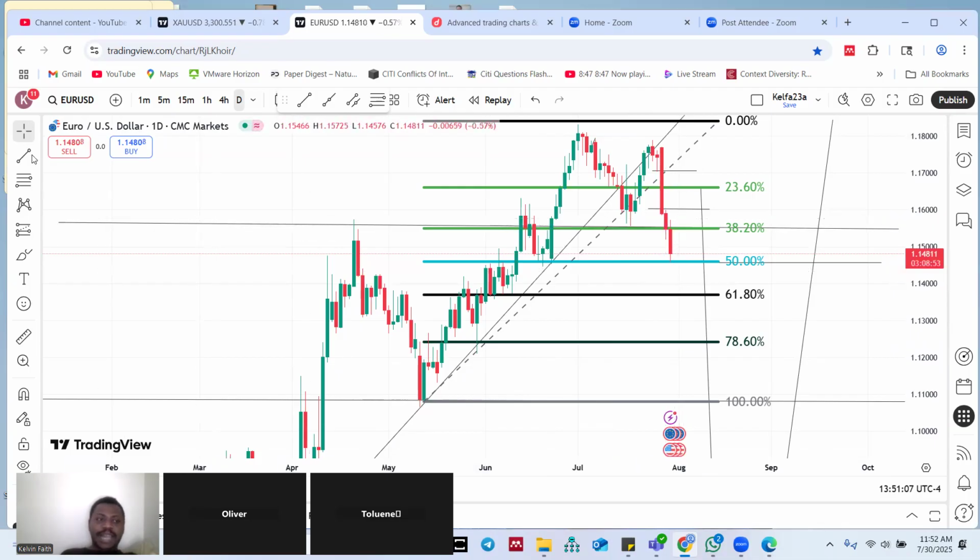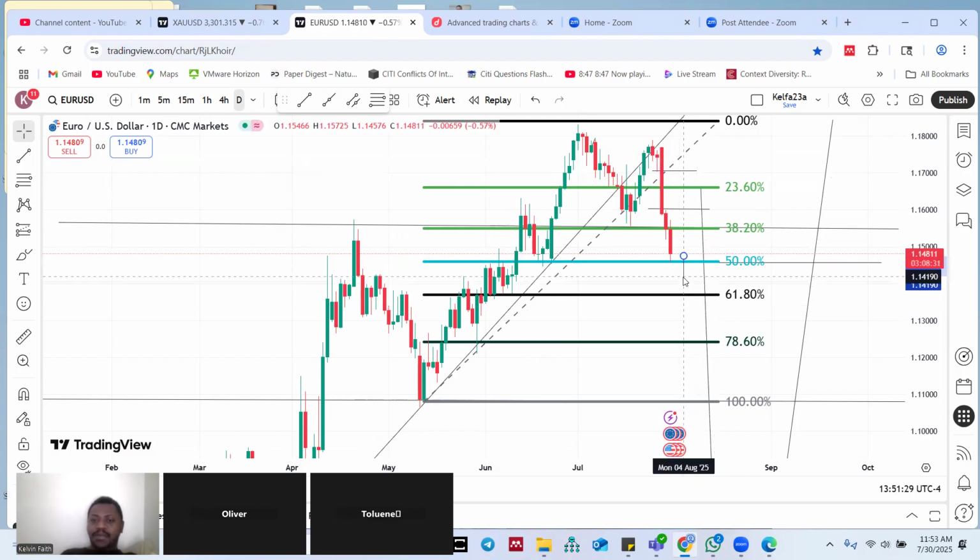Okay, so sometimes price will want to hit the 50% and reject. Sometimes it will want to break through it a little bit and then reject. Other times it will want to get to 61.8% before it gives opportunity to go bullish.